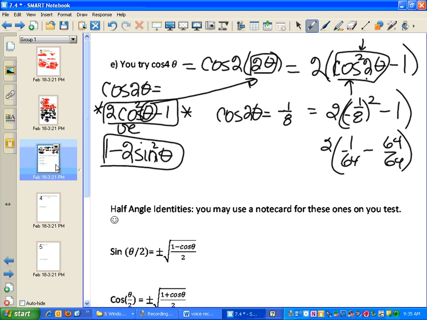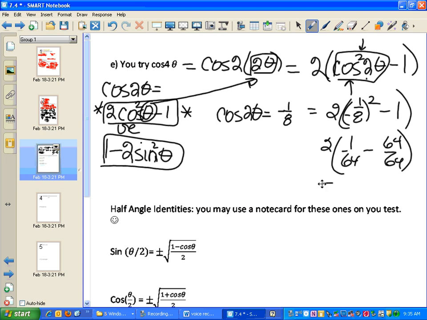It's only the cosine of 2 theta. Squared of 2 theta. No, this was because of this problem.